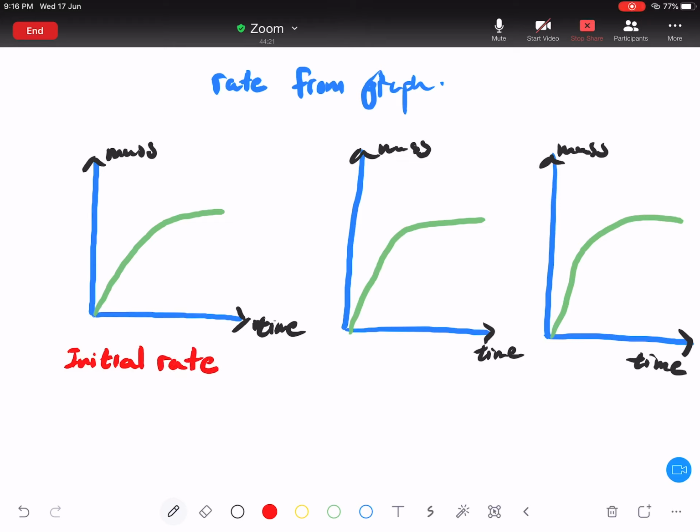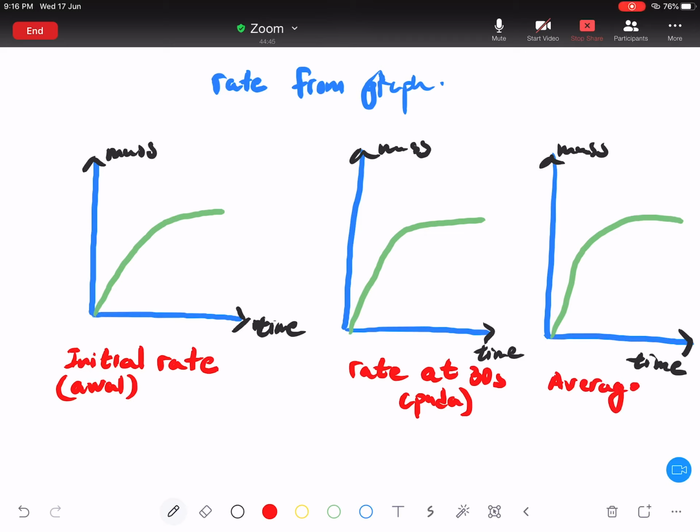Kadar tindak balas awal. Initial adalah awal. Then ada rate at. At adalah pada, contohnya 30 second. And kita ada average rate of reaction. Purata.